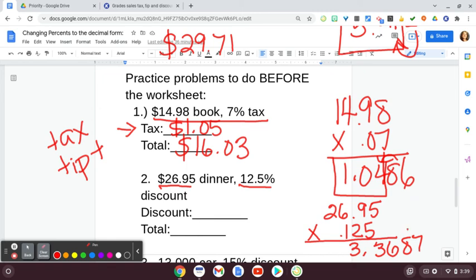So look to your pennies. That 8's going to tell that to go up. Your discount is $3.37. Remember, discounts are subtracted from the original. So $26.95 minus $3.37. So your new total is only $23.58. What a bargain.